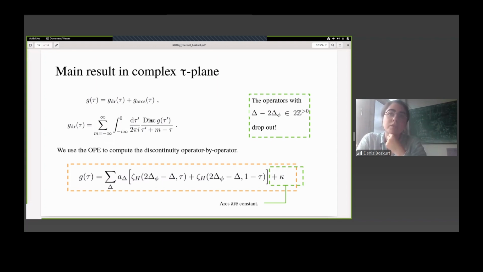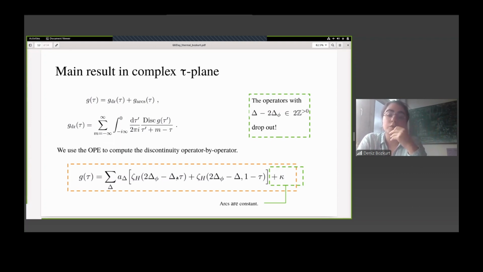But whichever operator contributes to the discontinuity, we can just compute this integral and then sum over the infinite images. And once we do this, we realize that the contribution of the dispersion relation becomes two sums of Hurwitz zeta functions.